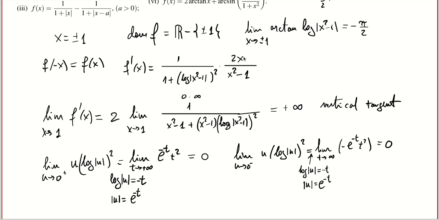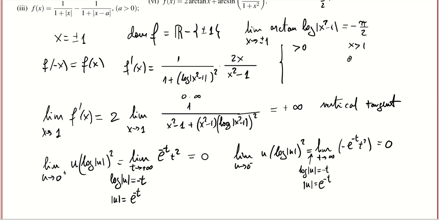And the sign of this depends on x, whether it is on the left of 0 or on the right of 0 and of 1 and minus 1, right? So let's say if x is larger than 1, then this is positive, and this is of course positive, so the derivative is positive, right?